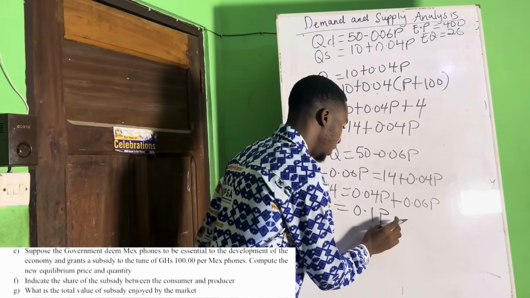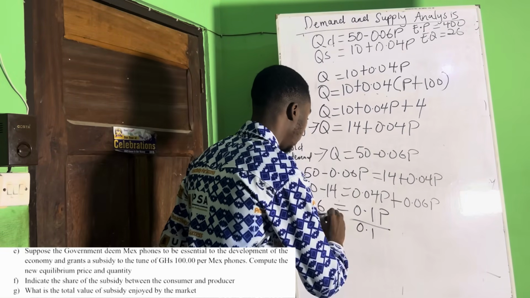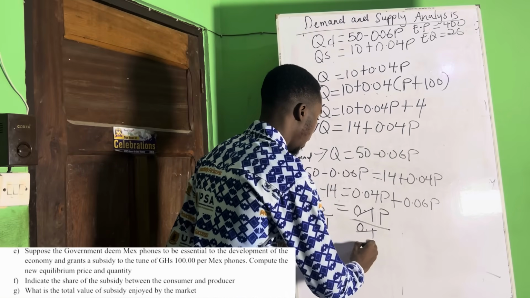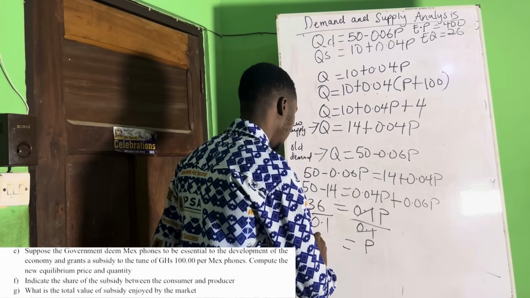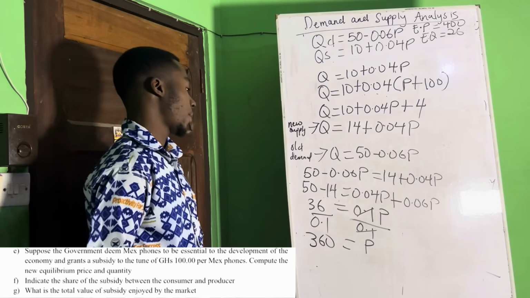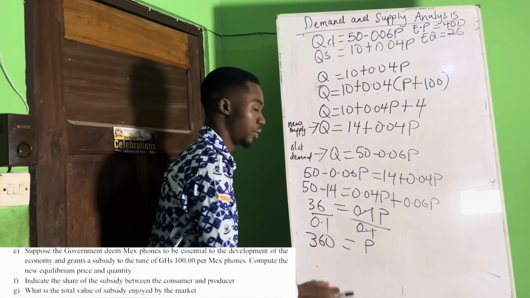So this p is our equilibrium price. So we divide both sides by 0.1 so that we find the price. So this will cancel this. So our price is equal to 36 over 0.1, which should give us 360. You get it? So now we've got our new price after the subsidy has been introduced to be 360.